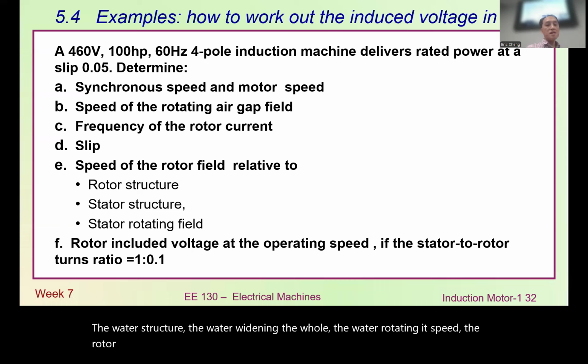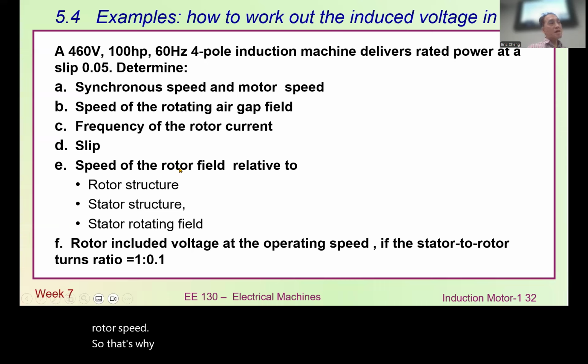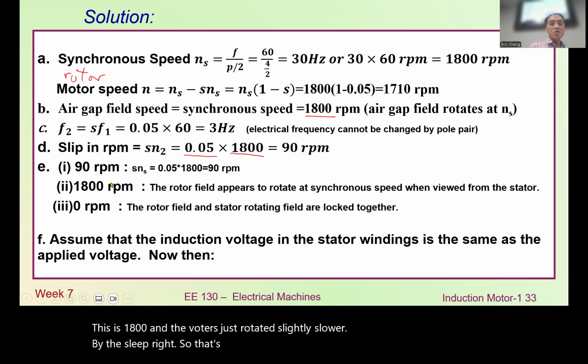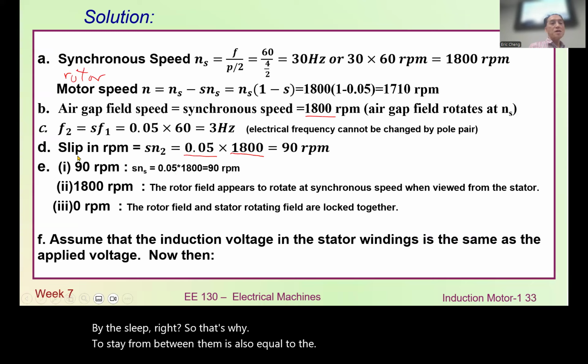That's why the rotor field is the same as the stator, which is 1,800, and the rotor is just rotating slightly slower by the slip, right? So the difference between them is also equal to the slip in RPM. This mainly means the rotor and the stator differ in speed.